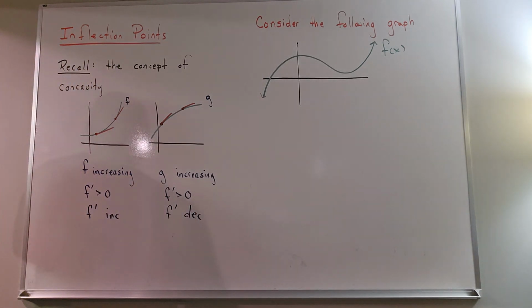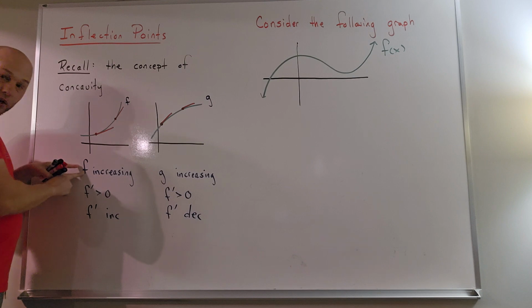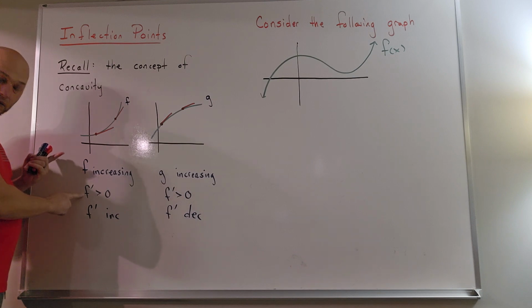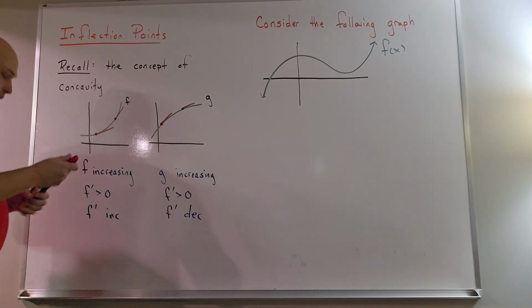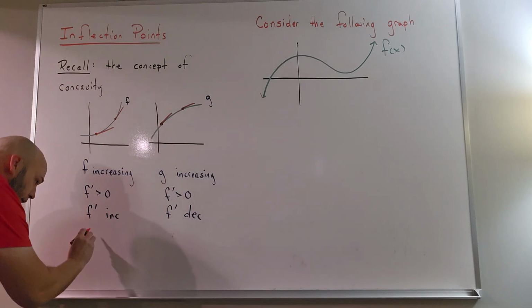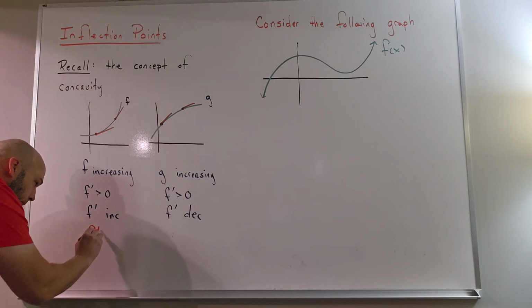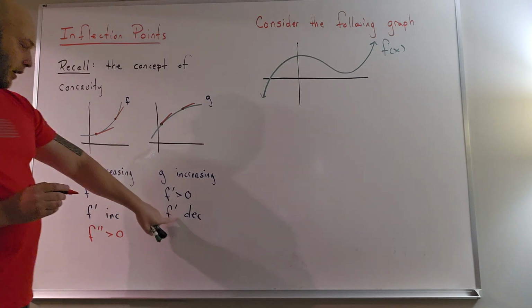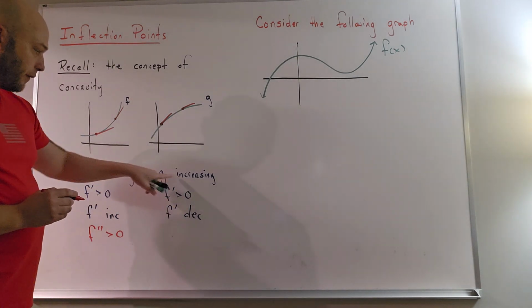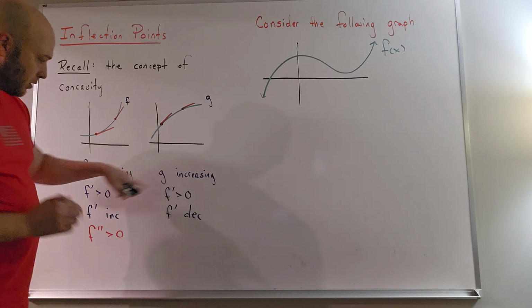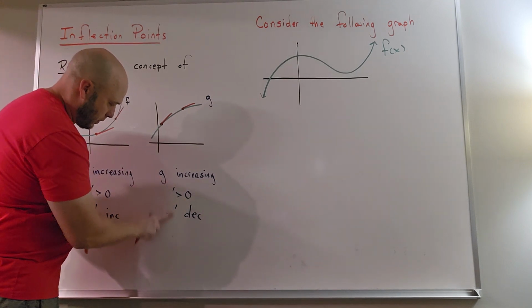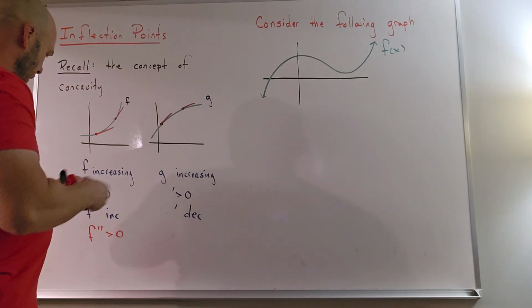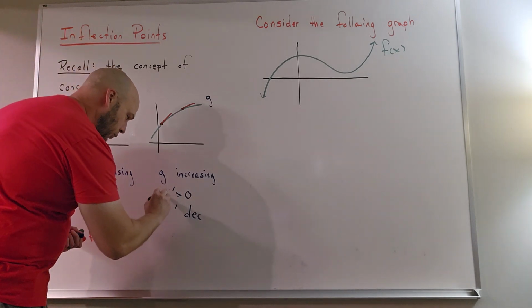Okay? And how do I determine if a function is increasing? Its derivative is positive. Well, if f prime is increasing, then that means that its derivative, which would be f double prime, is positive. Over here, I know that g prime is decreasing. Well, how do I know if a function, just a generic, any function is, I wrote f here. I'm sure some of you are watching saying, that should have been a g.